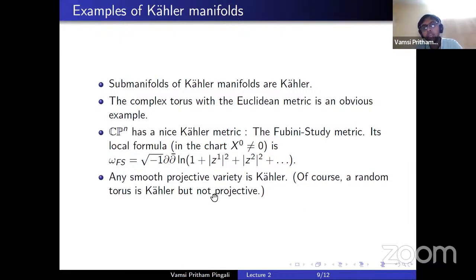But unfortunately, it will not be projective. It will not satisfy the criteria required for the Kodaira embedding theorem. Why it does not satisfy those criteria is a longer story. Again, it's there in Griffiths and Harris's book. The key words are Riemann bilinear relations, if you want to look it up.